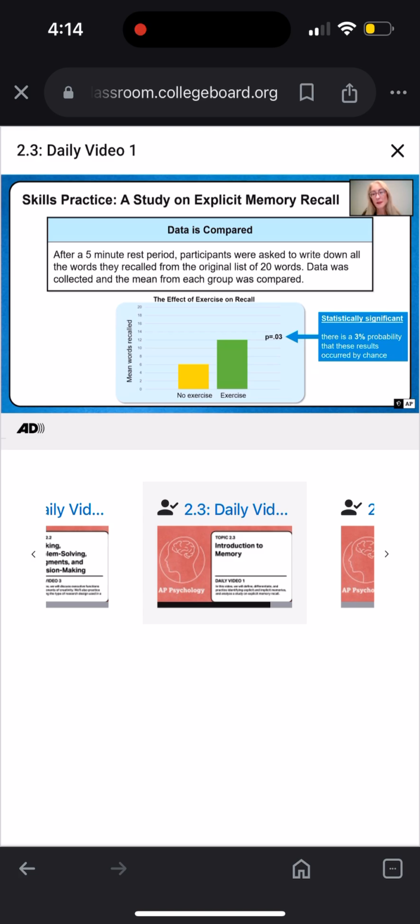What the p-value says to us is that there is a 3% probability that these results occurred by chance. So pretty much any p-value under 0.05 would indicate that there are statistically significant results. In other words, the difference between no exercise and exercise, and the results that were gathered, are clearly different. And again, that's just about a 3% probability that these results occurred by chance.